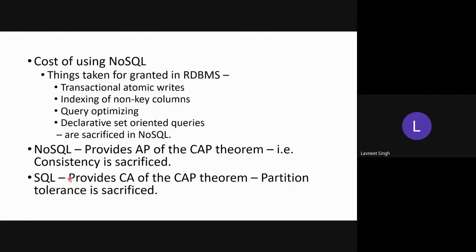So the SQL databases, they sacrifice partition tolerance. Partition tolerance means the data cannot be split between nodes easily, right? The scenario we discussed where the database was writing to different nodes, it was doing it for management of the data. But for the user, it was the same data, right?